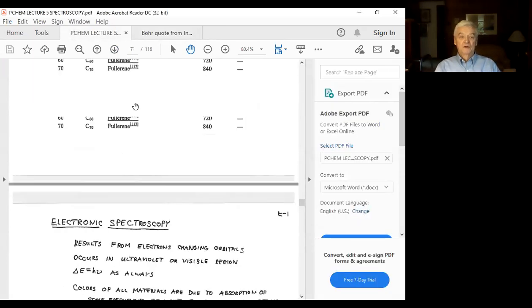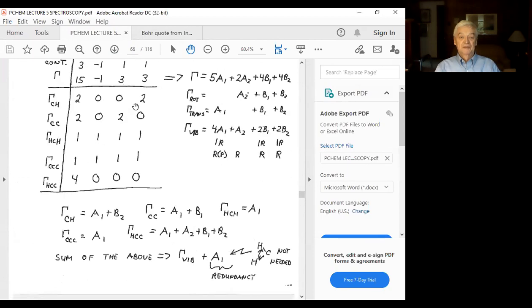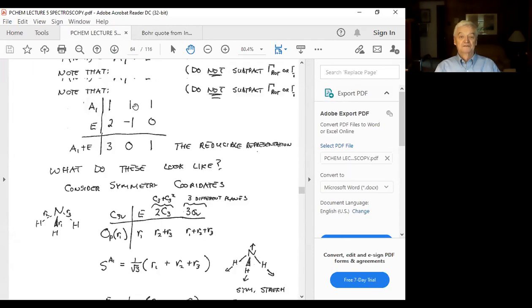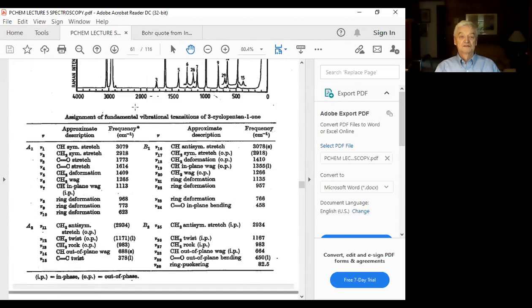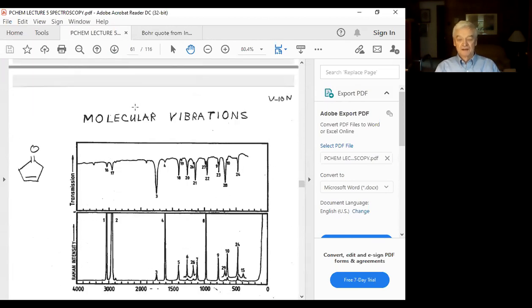Okay, where we stopped last time, we were talking about vibrations of polyatomic molecules, and we looked at this molecule here in the spectra. I tried to emphasize the difference between infrared and Raman spectroscopy. In infrared spectroscopy, you want a large dipole moment change. So here's a carbonyl stretching, which is strong.